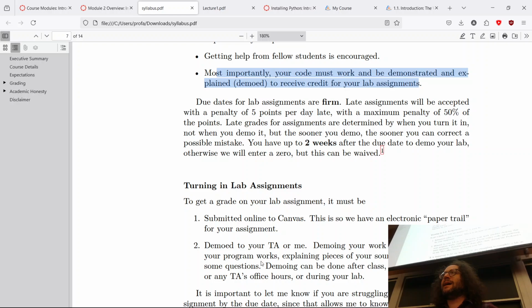Especially early on, we'll give you a very strong look that we know you didn't do this. Please don't try to con us on this. But mainly it's just to make sure that you understand what you're typing.